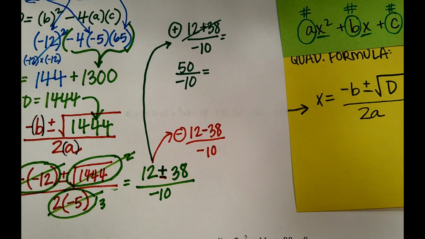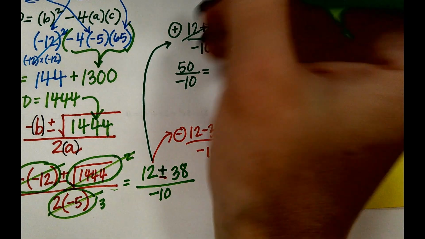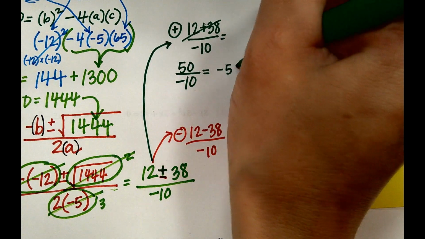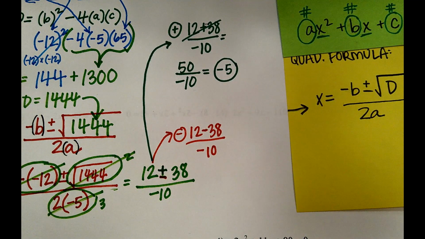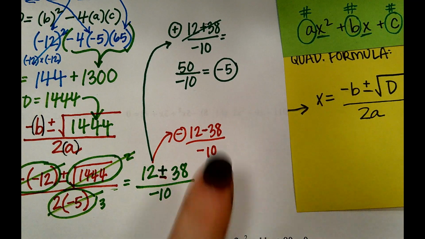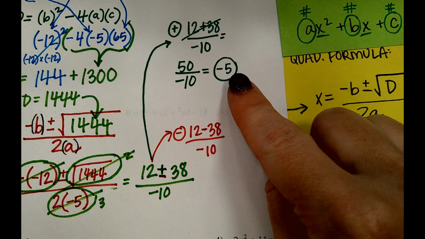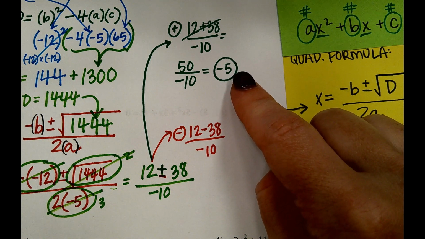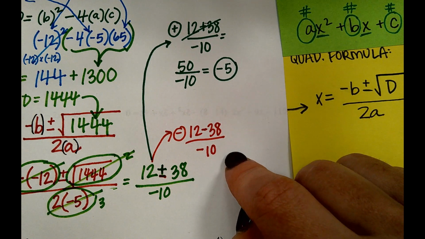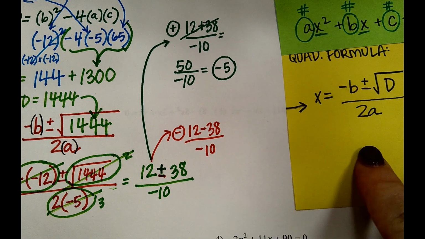And what is 50 divided by -10? -5. Okay. So, we just found our first x value. We solved it. We just need one more, because there's going to be 2 solutions.